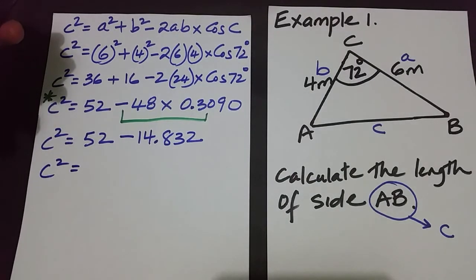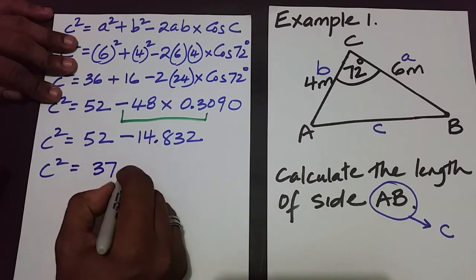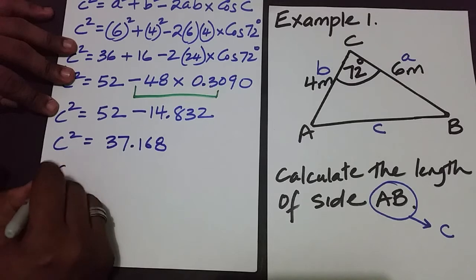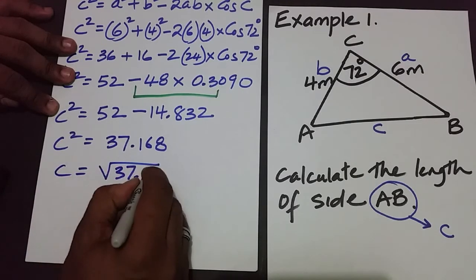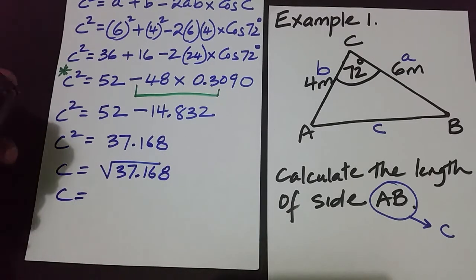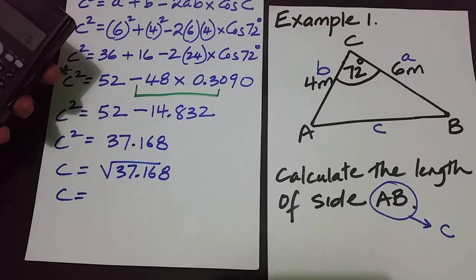So we're going to go ahead. c squared equals 52, and we're going to multiply negative 48 by 0.3090. And what we're going to get here is minus 14.832. So I'm going to go ahead and do the subtraction there. So it's 52 minus 14.832, and that's going to be equal to 37.168. And of course, I have to square root now. So the square root of 37.168 is going to give us the final step in terms of calculating the value of c.